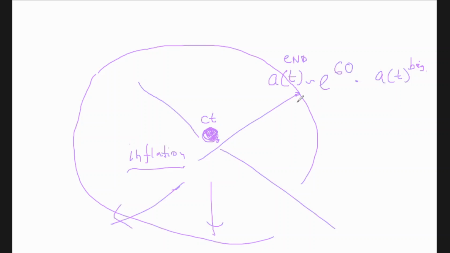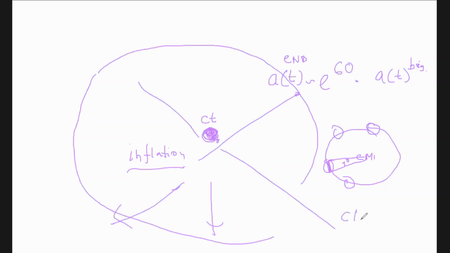Now CMB is also like that. You look at the CMB sky, and you see the horizon size is this small, 1 degree length. That is the size of the horizon we can calculate at the age of 0.3 million years, when the CMB was emitted.